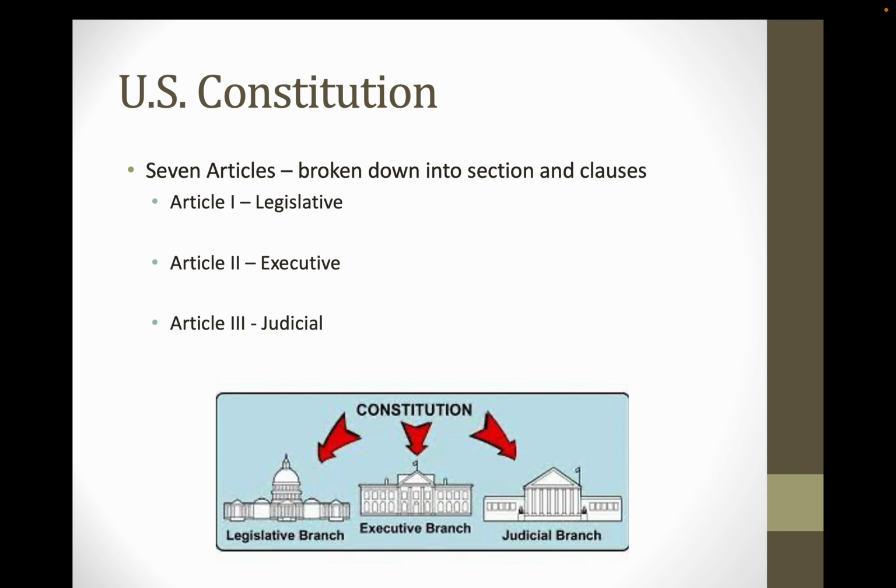So each branch has the power to check the other branches to prevent one from getting too powerful. Again, why? To protect our freedoms, to protect our individual liberties. We are going to limit the powers of each branch of government.